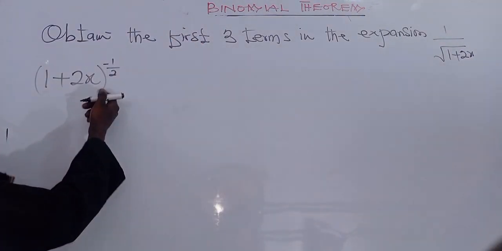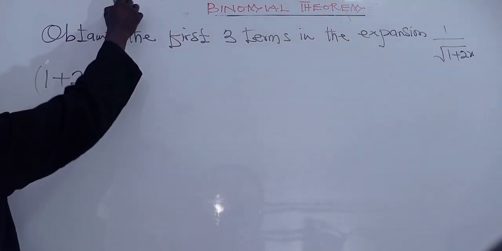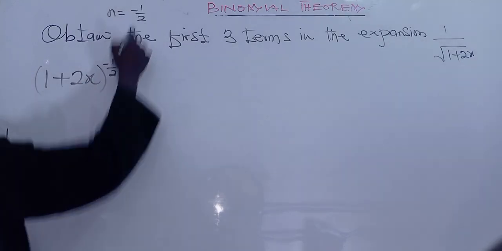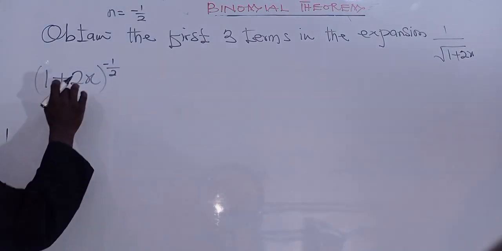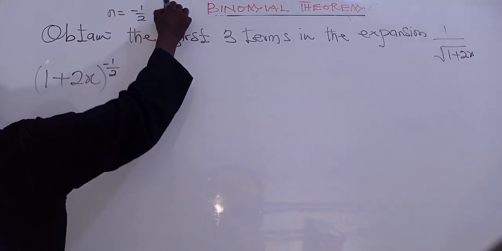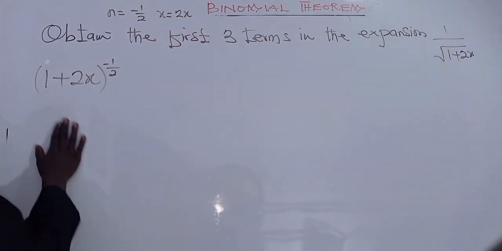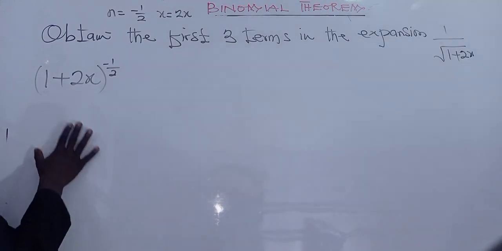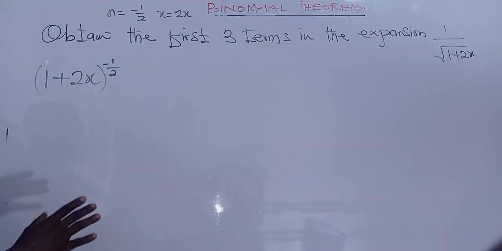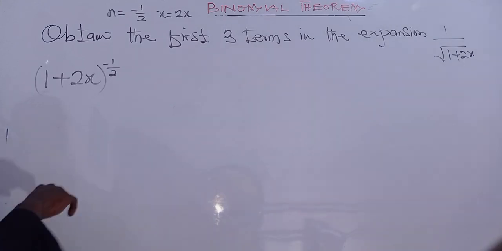With this, we can observe that our n is equal to minus 1 over 2, our x is equal to 2x, and our first term is 1.